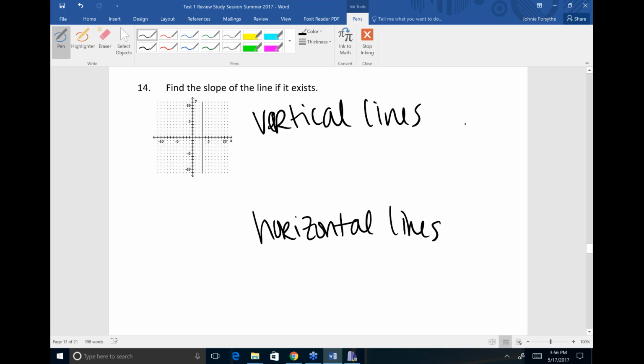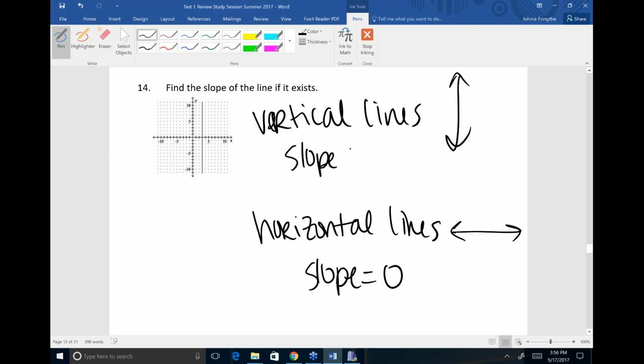Okay, so remember, vertical lines go up and down, horizontal lines go left and right. All right, so the way that I remember this is that horizontal lines, the slope equals 0. Vertical lines, the slope is undefined. And a lot of times it's easy to confuse those.